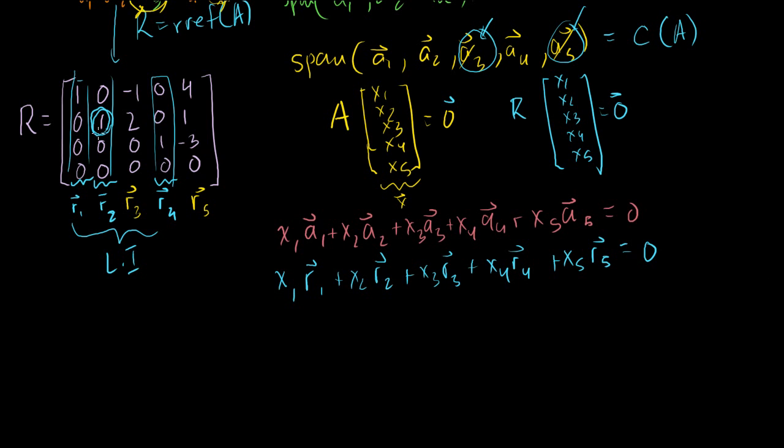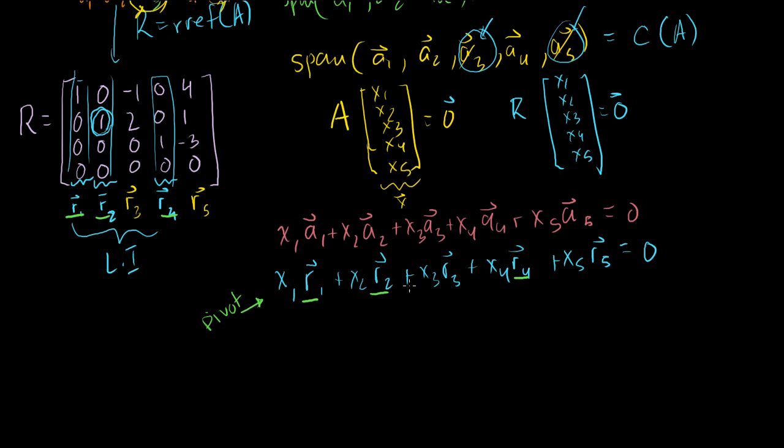Now, we know that when we put this into reduced row echelon form, the x variables that are associated with the pivot columns, so what are the x variables associated with the pivot columns? Well, the pivot columns are r1, r2, and r4. The x variables associated with them, we could call pivot variables. And then the ones that are not associated with our pivot columns are free variables.